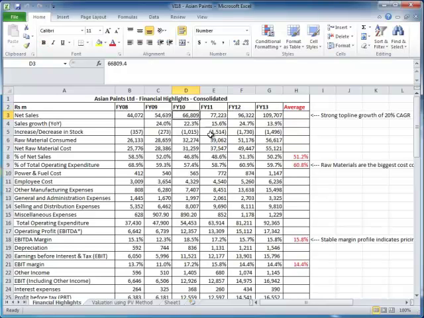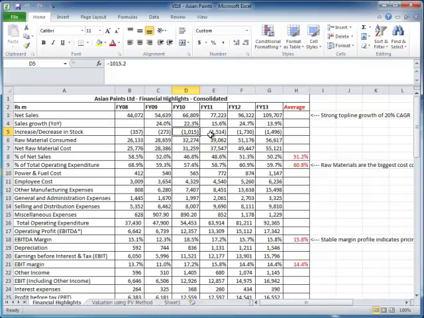The first thing to look at is net sales, and also net sales growth in the line below that. What you can see is that net sales increase at a fairly swift pace. Year-on-year sales growth is very good: 24%, 22%, 15%, 25%, 14%. So we've noted strong top-line growth of 20%. So that's good.